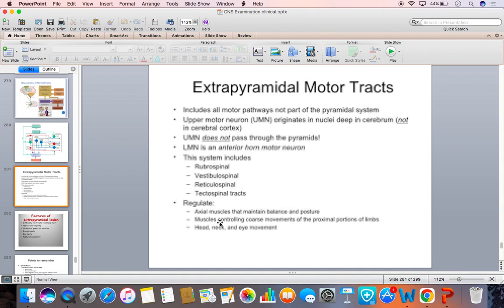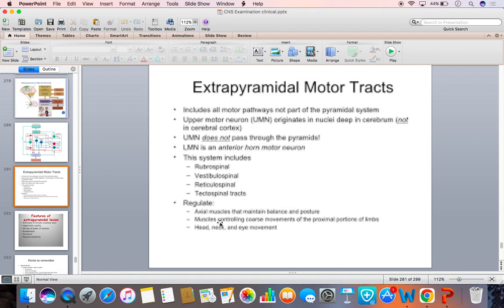Upper motor neurons originate in the nuclei deep in the cerebrum, not in the cerebral cortex. That is, in the basal ganglia. They do not pass through the pyramids. Remember this one: extrapyramidal motor tracts do not pass through the pyramids.